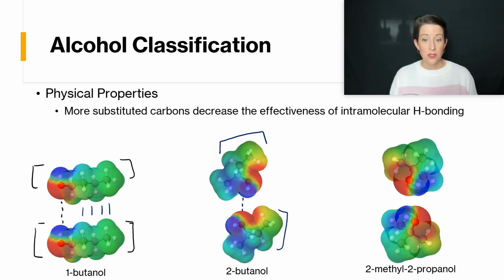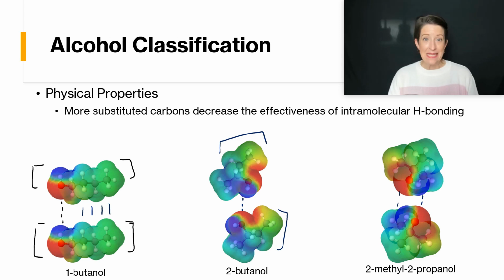And then moving to 2-methyl-2-propanol, again, it looks very similar to the way that 2-butanol itself works. It has to be very specifically oriented in order for those hydrogen bonds to interact, but those nonpolar groups are not going to be able to maximize their dispersion forces.